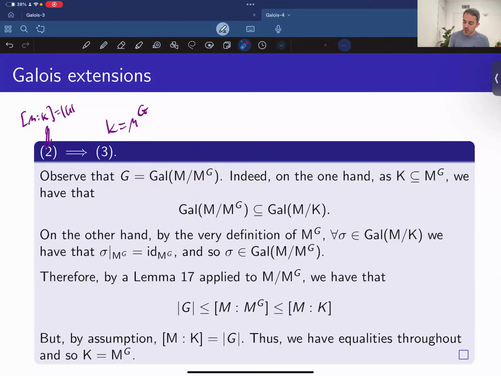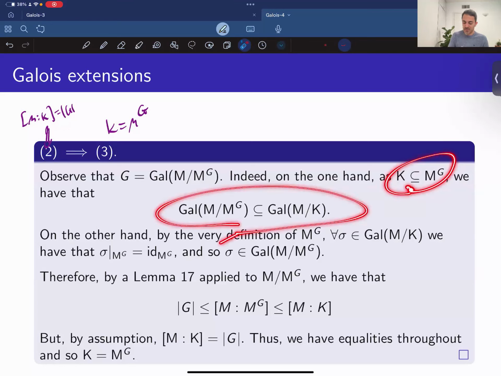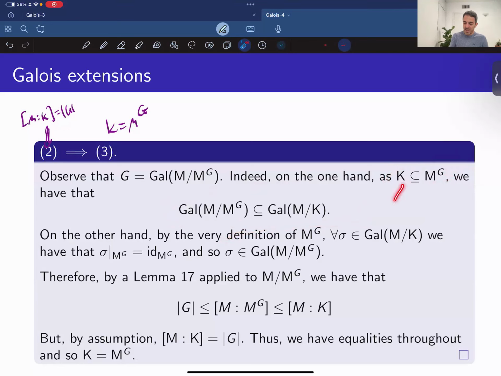So let's prove the two directions. On one hand, we know that K is a subset of M^G, regardless of what M^G is. Because K is a subset of this field, here you have all automorphisms that are required to be identity on K, and here you require more.